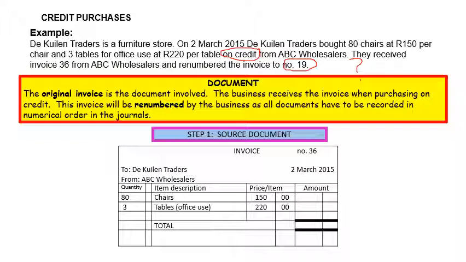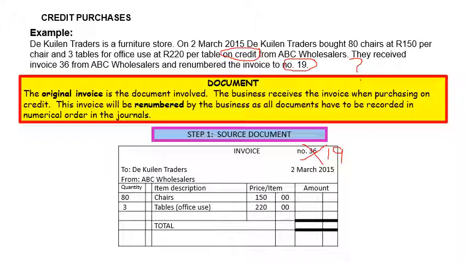They in their businesses have their own numerical order. So as soon as we receive an invoice, on that invoice will be a number, and we are going to renumber. In this case, the 36 is going to change into number 19.